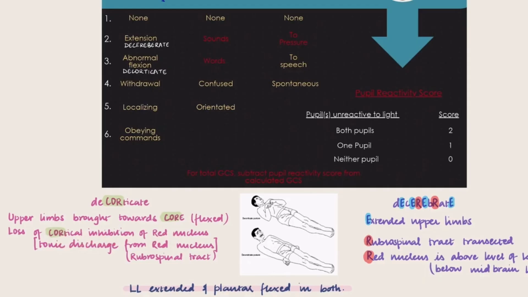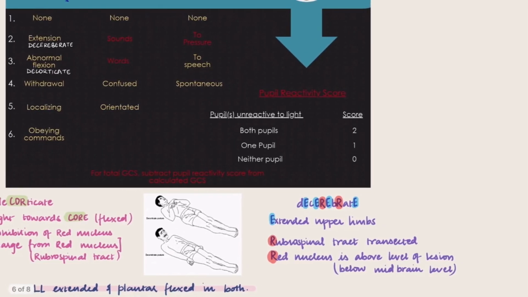Coming to the decerebrate posture, with the extended lower limbs, the upper limbs also are extended. So here the rubrospinal tract actually has been transected and the level of the lesion is below the red nucleus, which also means that the red nucleus is above the level of the lesion.